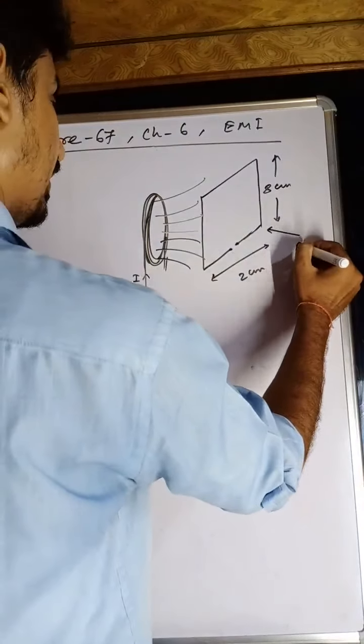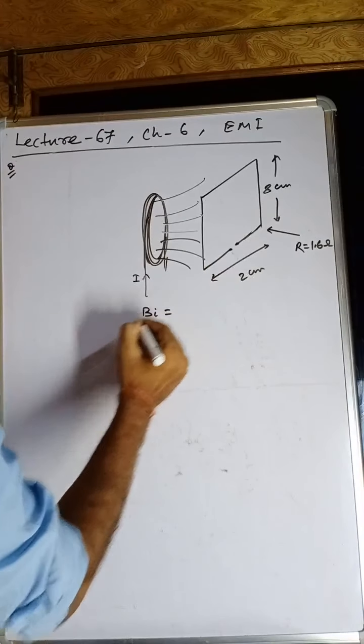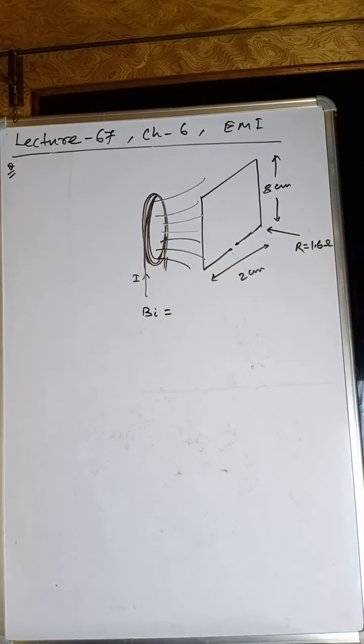Now the magnetic field is established initially when the coil was broken, and that initial magnetic field is 0.3 Tesla.